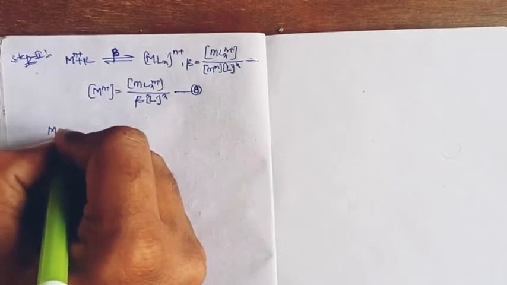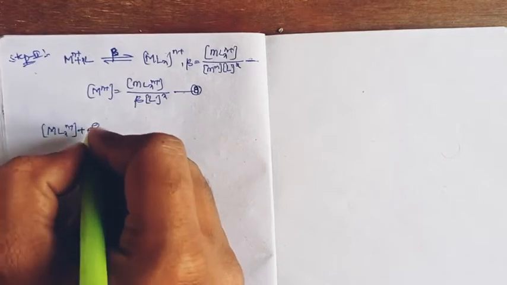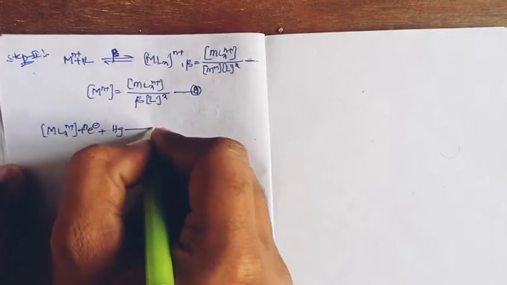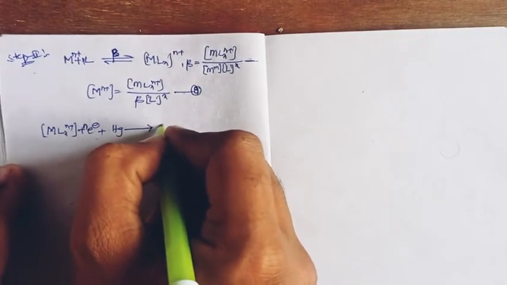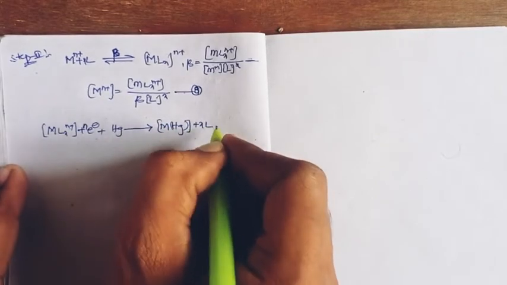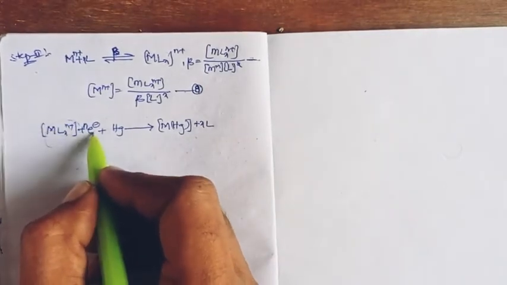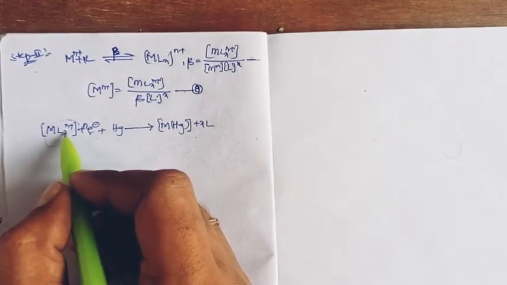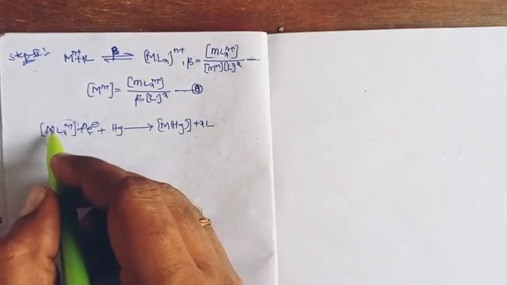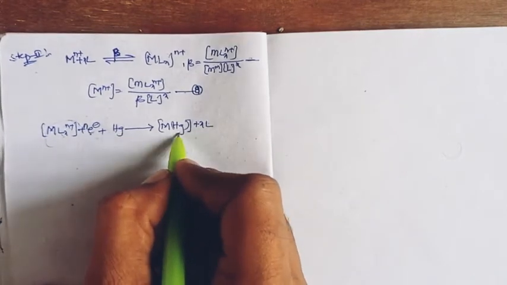When this metal complex is reduced, it forms an amalgam and liberates the ligand sites. Initially the complex gets reduced by the applied current, decomposes and liberates the ligand sites, and the simple metal combining with mercury gives the amalgam.